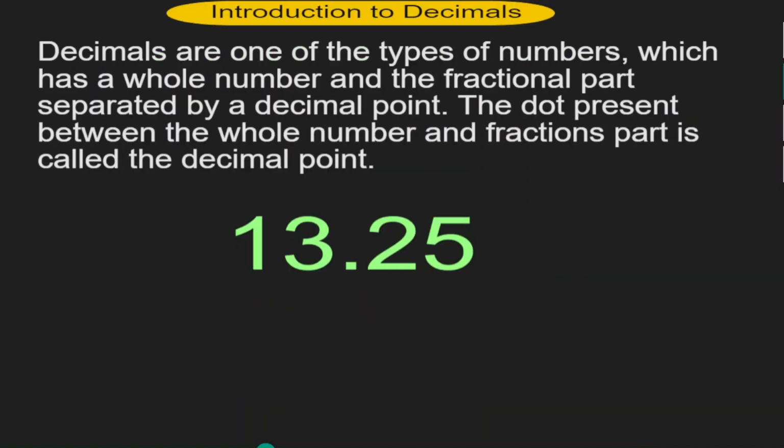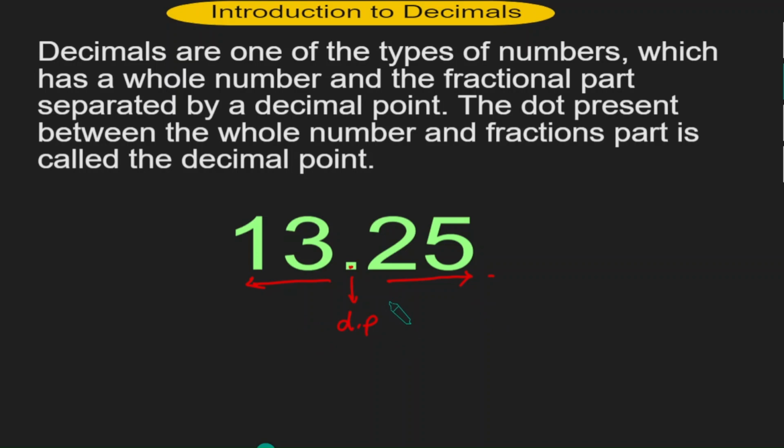So in the introduction to the decimal, you can see here I have given a number, 13.25. There is a decimal point. On the left side of the decimal point there are numbers, and on the right side there are numbers.